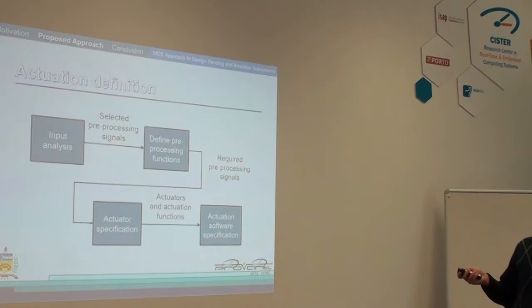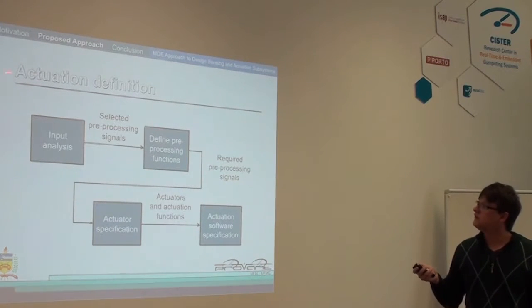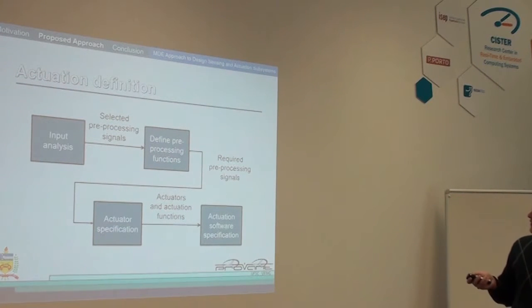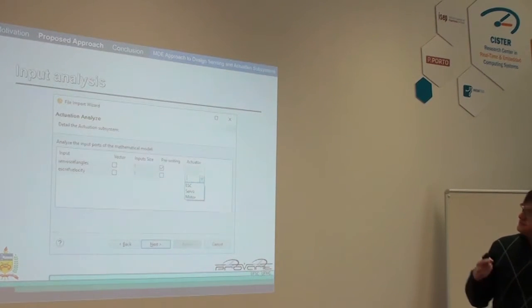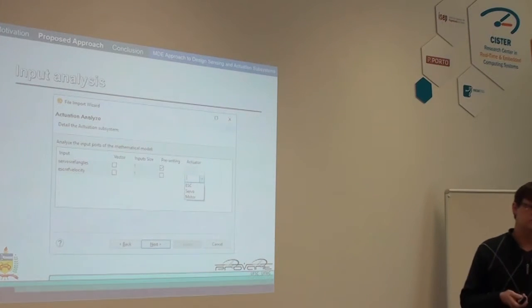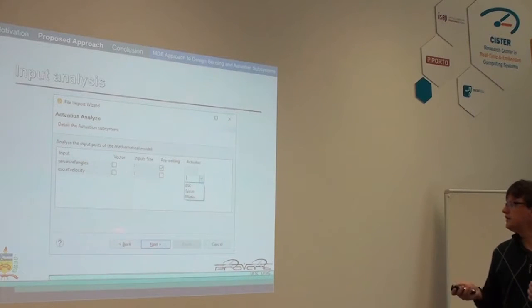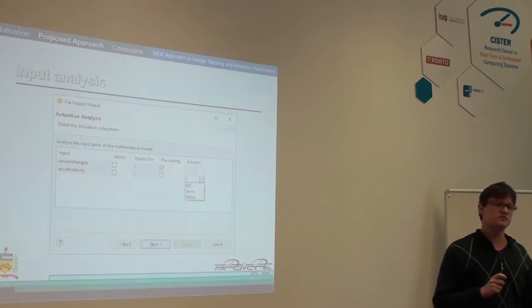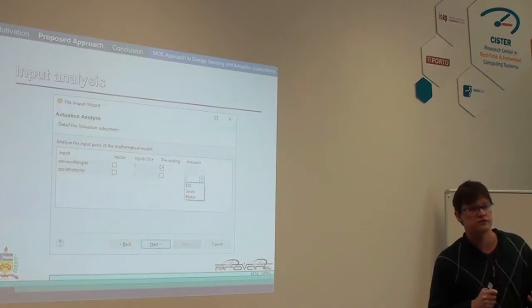After selecting this, we start the definition of the actuation subsystem. Firstly, we analyze the block outputs. Basically, these outputs are the information that the control system sends to the system actuators.